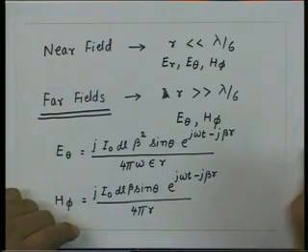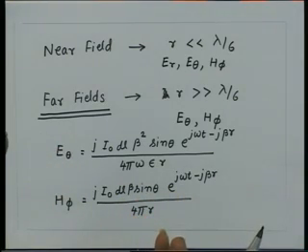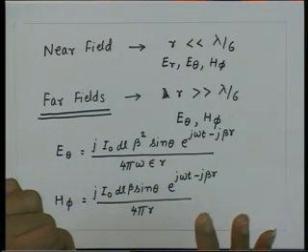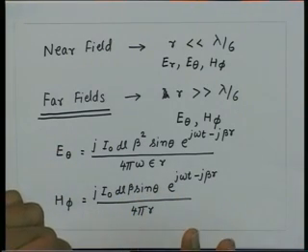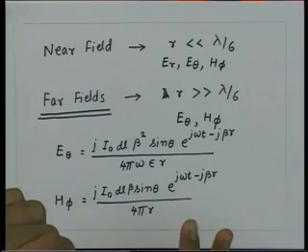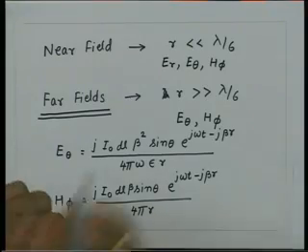If I plot a spherical plot in which the radius vector is the amplitude of the electric field, as a function of theta and phi, I will get a 3-dimensional surface, and I call that the radiation pattern of the antenna.